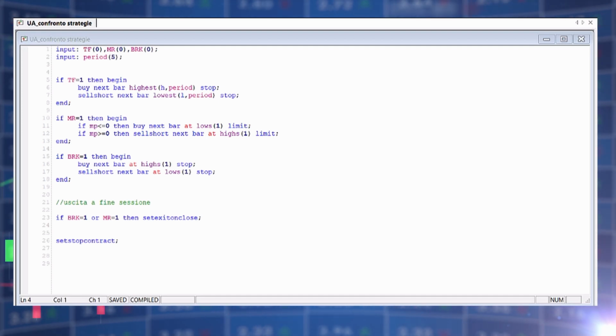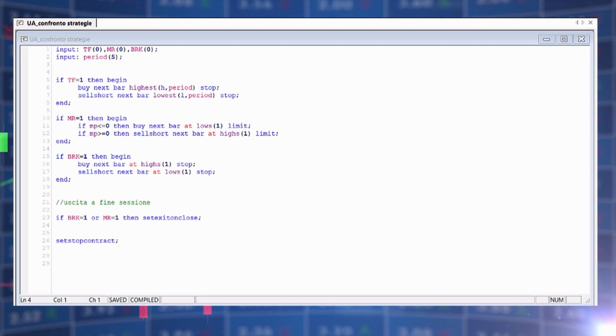The third input, BRK, identifies the breakout strategy. Here, we use the same levels used for the mean reverting approach, so the previous session's high and low, but in the opposite way compared to before. In other words, we'll go long when the previous session's high is broken and go short when the previous session's low is broken.